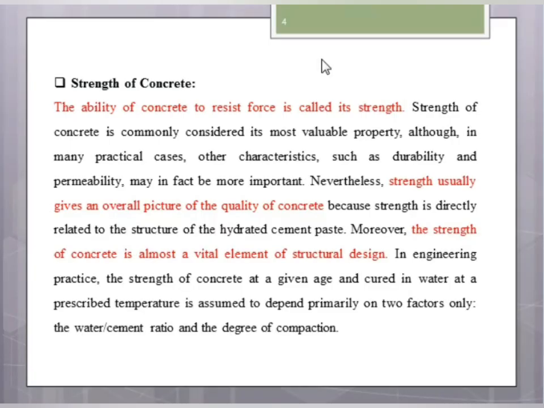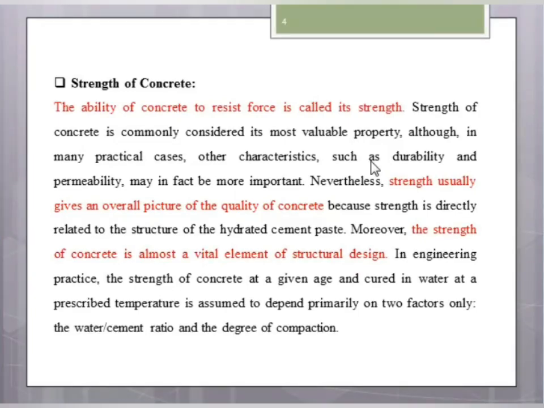The strength is usually given as an overall picture of the quality of concrete. That's why we take the strength parameter for the design. If the strength is good, the other parameters will also be good, because strength is directly related to the structure of the hydrated cement paste.